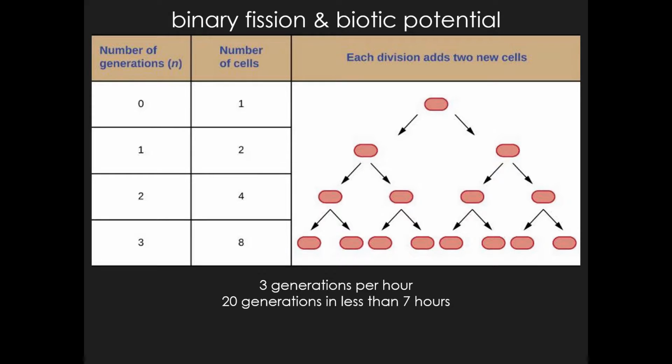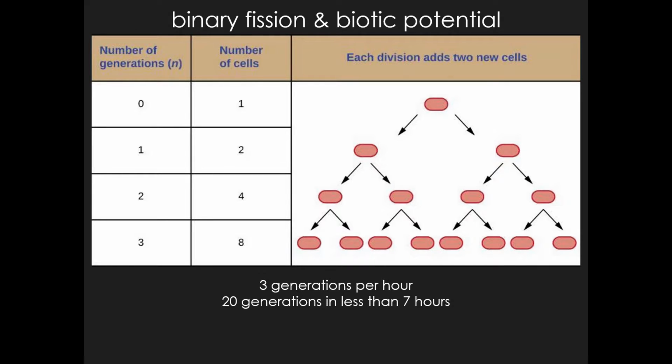So in the case of binary fission, the number of offspring is always doubled from the parent number. So one cell becomes two cells, and there's no changing of that. There's no multiple offspring. However, microorganisms, bacteria and archaea that undergo binary fission can have an incredible biotic potential because they are able to reproduce so quickly.